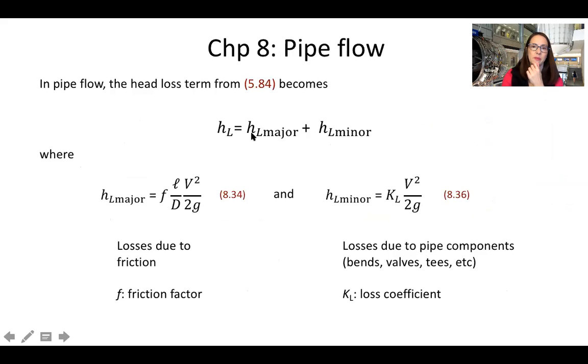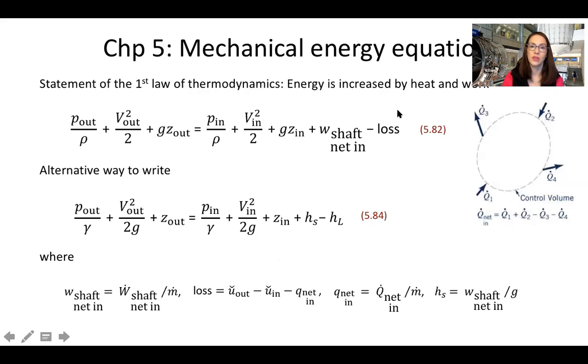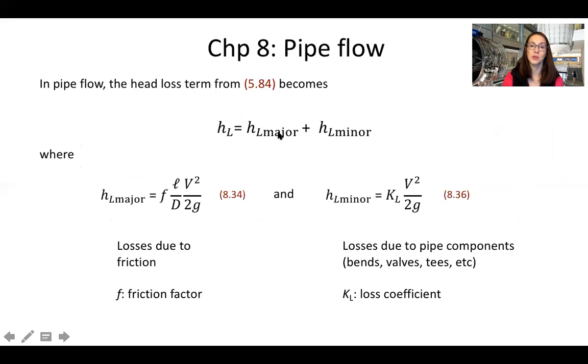Moving on to pipe flow, we see a lot of the same concepts that we just saw in the mechanical energy equation. In fact, we use the mechanical energy equation a lot to solve pipe flow problems. And that head loss term that we have here in equation 5.84 gets split up into major and minor losses for a pipe flow, right?